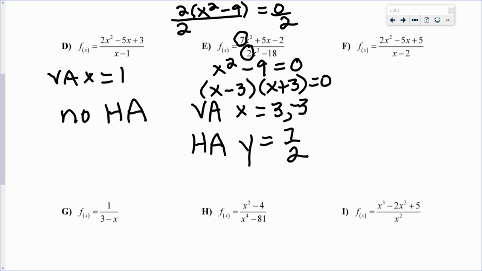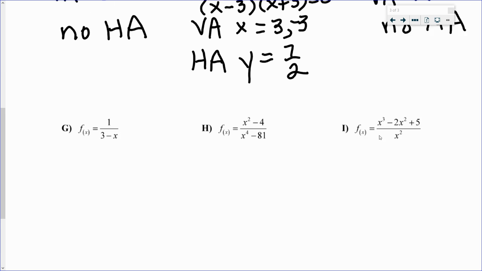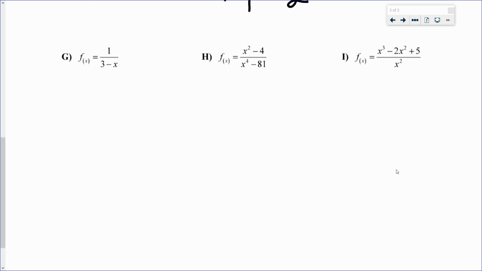For F, the vertical asymptote, once again, pretty straightforward. If we put in a 2, it's going to make that denominator 0. Degree of the numerator is 2. Degree of the denominator is 1. So there is no horizontal asymptote. Last 3. Okay, so remember, vertical asymptote means we're setting the denominator equal to 0.